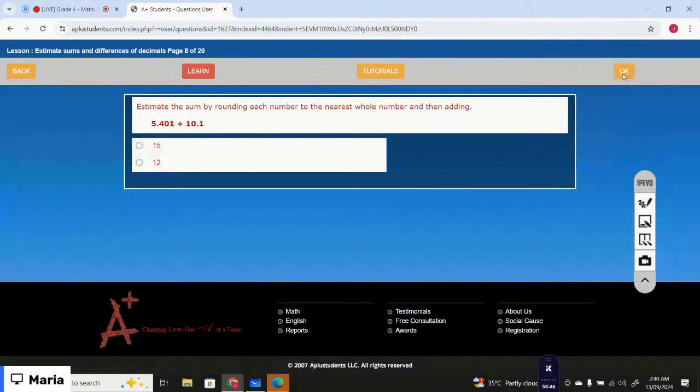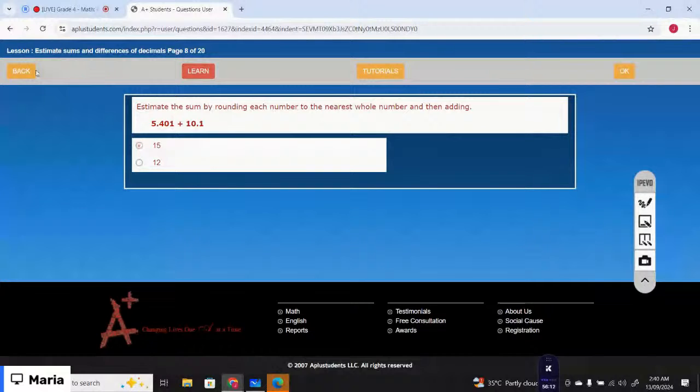That is 5.401 plus 10.1. So, which is the correct option? 5.4 is rounded off to 5 and 10.1 is rounded off to 10. So, the correct option is 15.